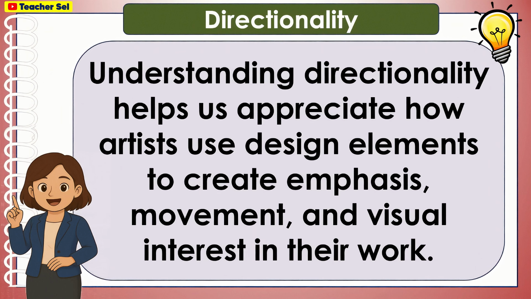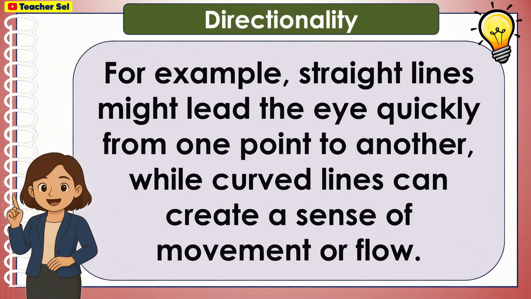Understanding directionality helps us appreciate how artists use design elements to create emphasis, movement, and visual interest in their work. For example, straight lines might lead the eye quickly from one point to another, while curved lines can create a sense of movement or flow.